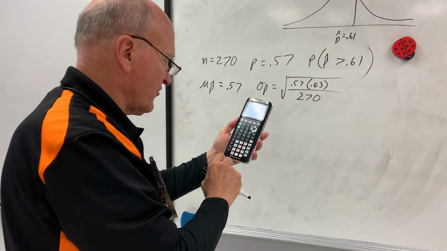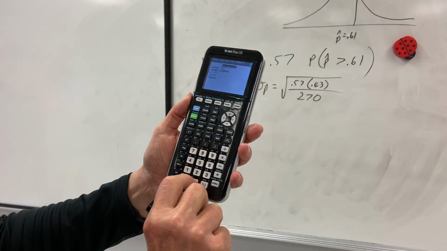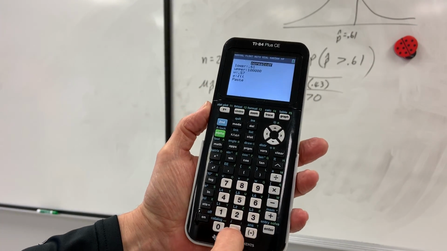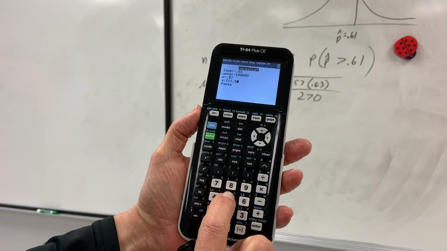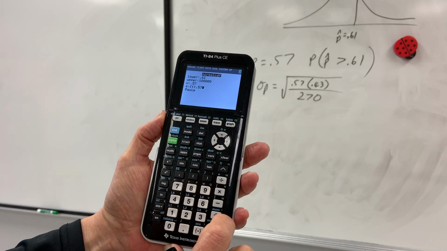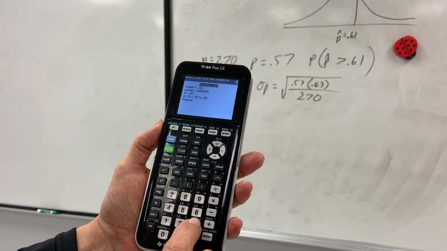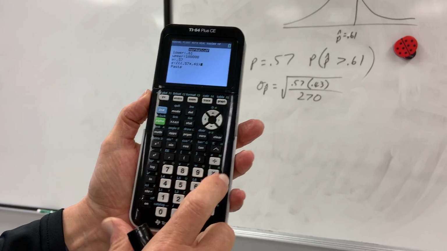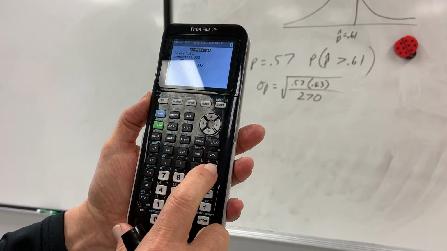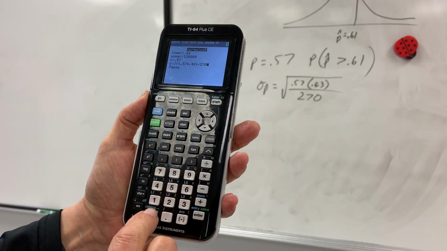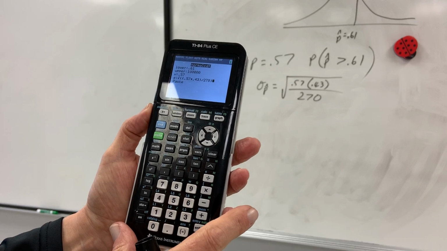So I open parentheses, and I've got 0.57 times 0.43. I'm going to close the parentheses, and then I'm going to divide by 270, and close the parentheses for the whole thing.